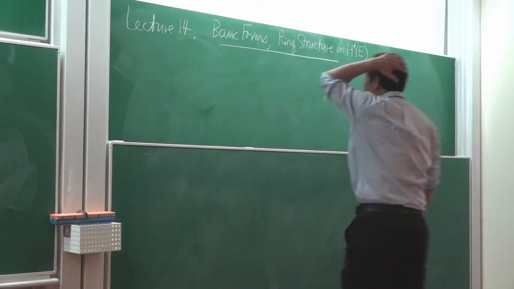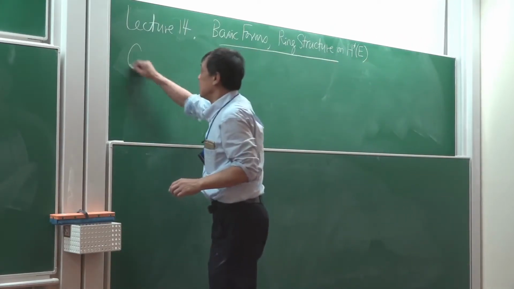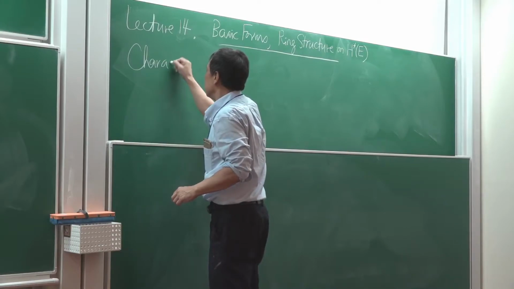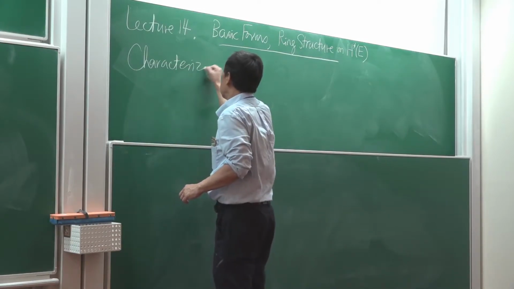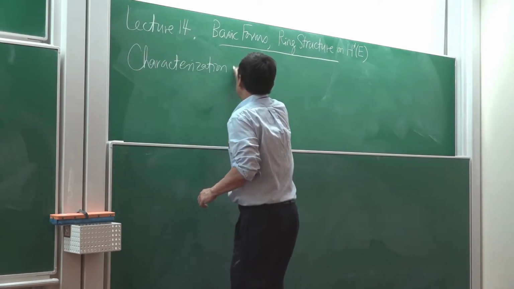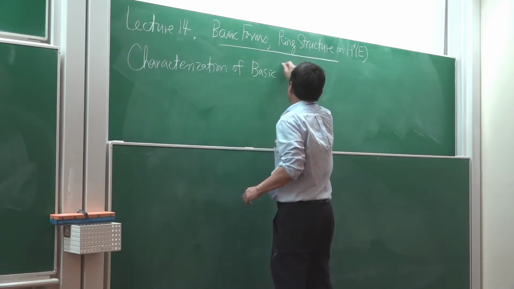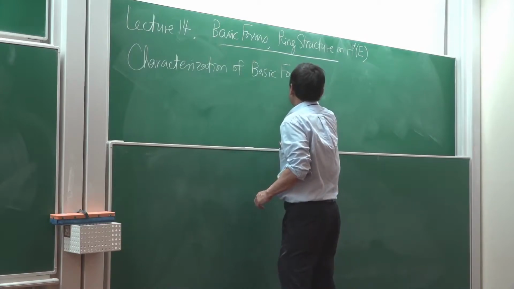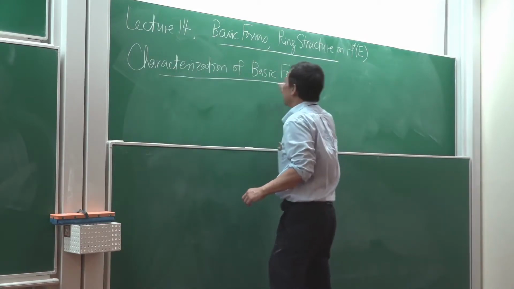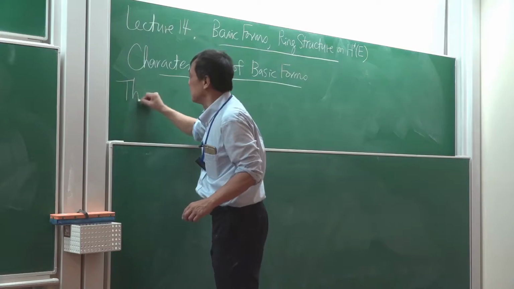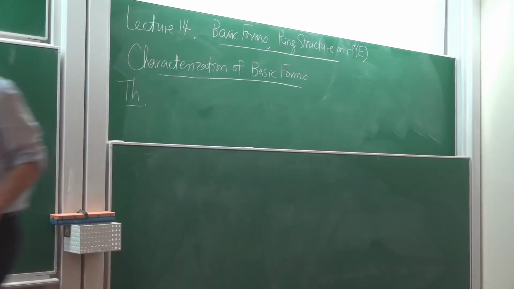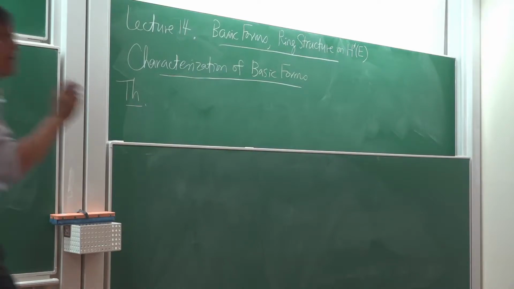Okay, so now let's prove this theorem. This is a characterization of basic forms on a principal bundle, and the group has to be connected.